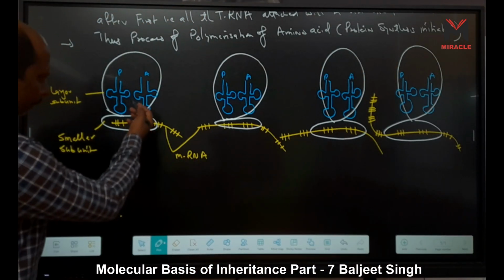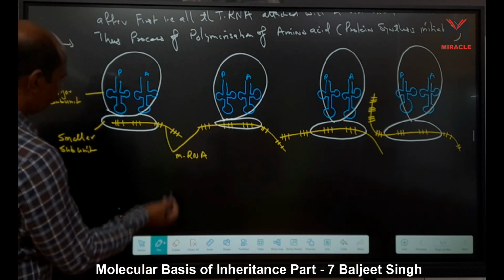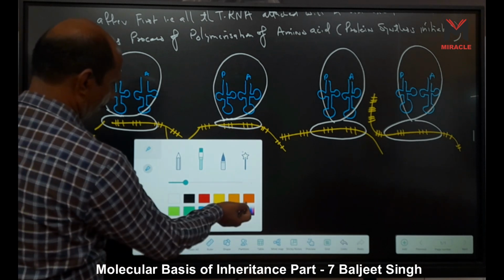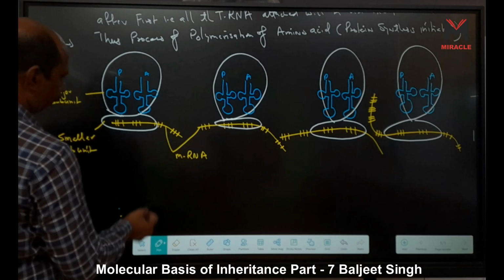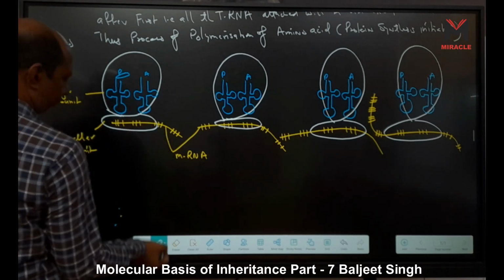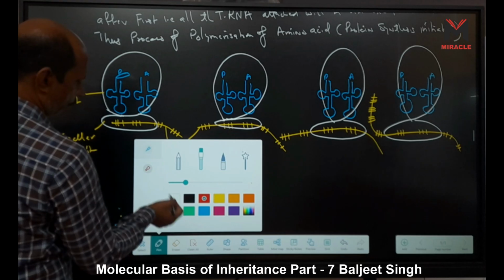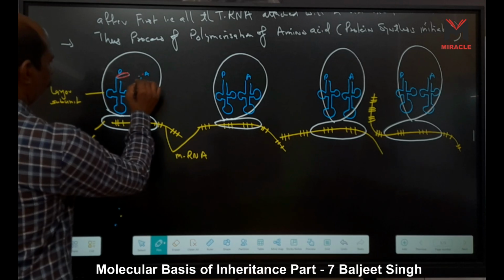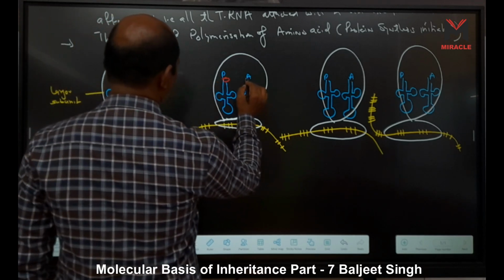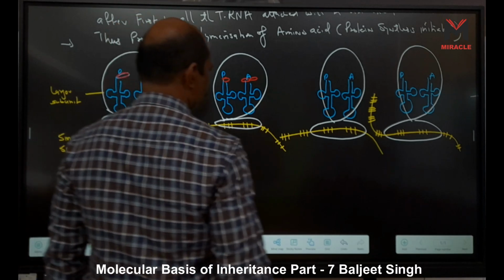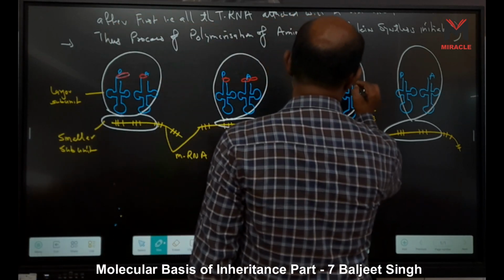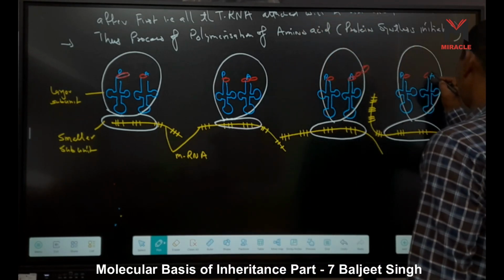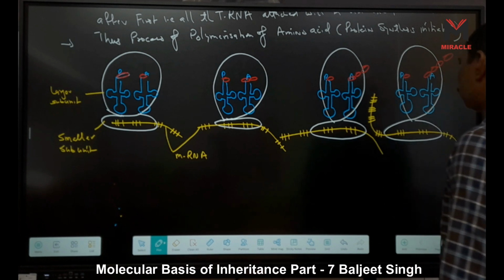If you understand what happens here, you can see there. First, what happens? It is an amino acid, right? Here amino acid, double amino acids. This side, amino acids 1, 2, 3 are formed, and here 1, 2, 3, 4 amino acids are formed.